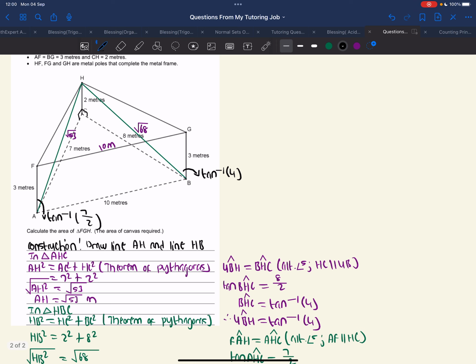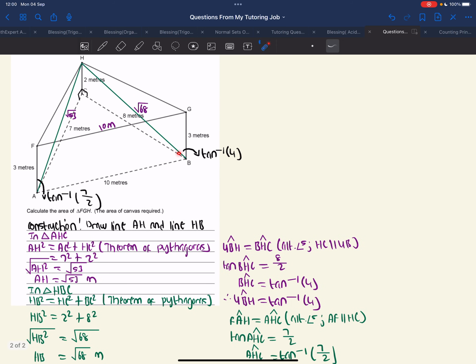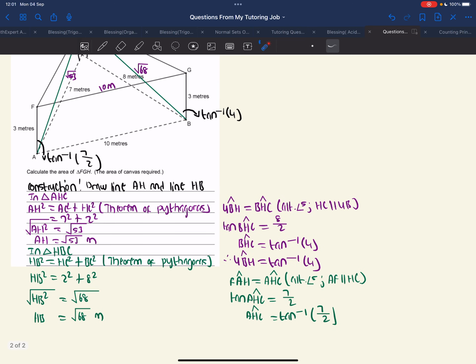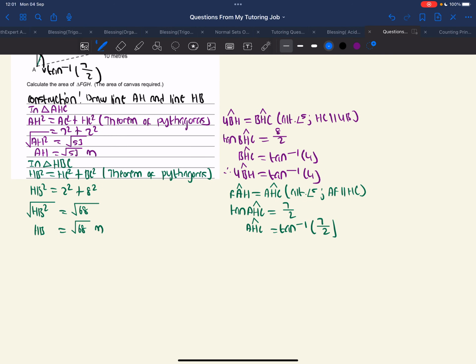Okay, so now I know all of those angles and I know those sides. I know this angle here and I know that side and that side. So for me to find HG, I'm going to use the cosine rule, same as for triangle AFH, because I have that angle, this side and that side. To find the side, I'm going to use the cosine rule.